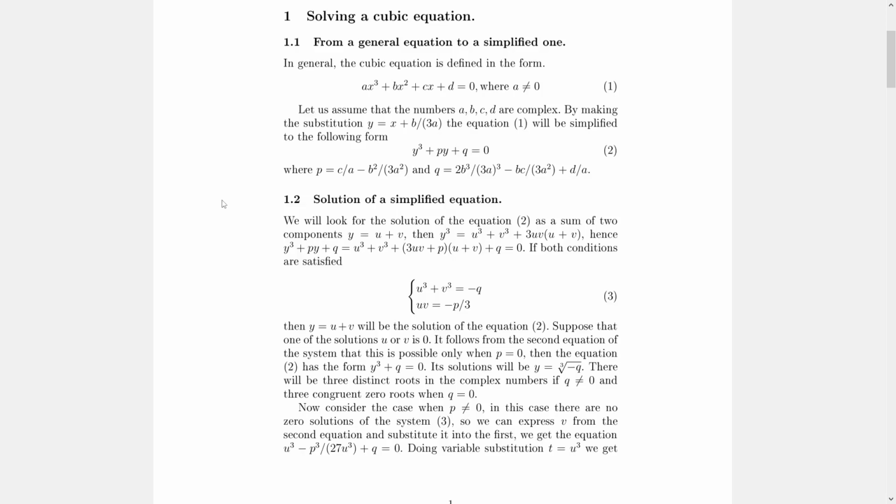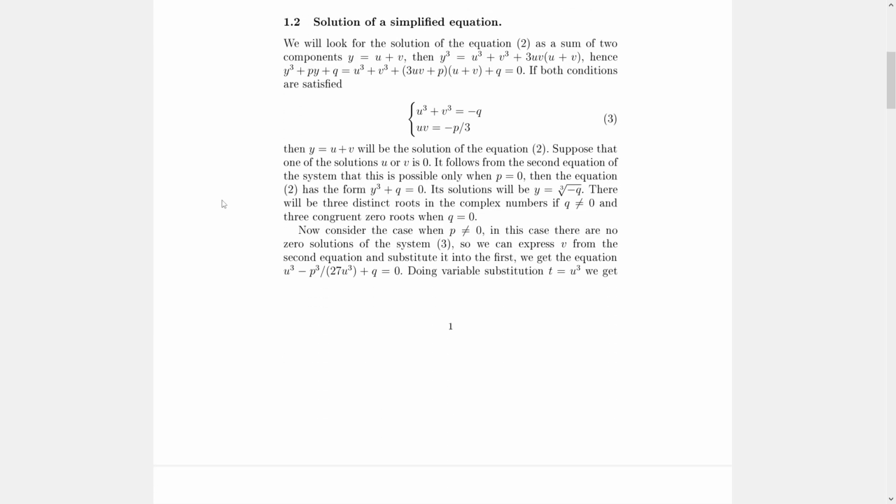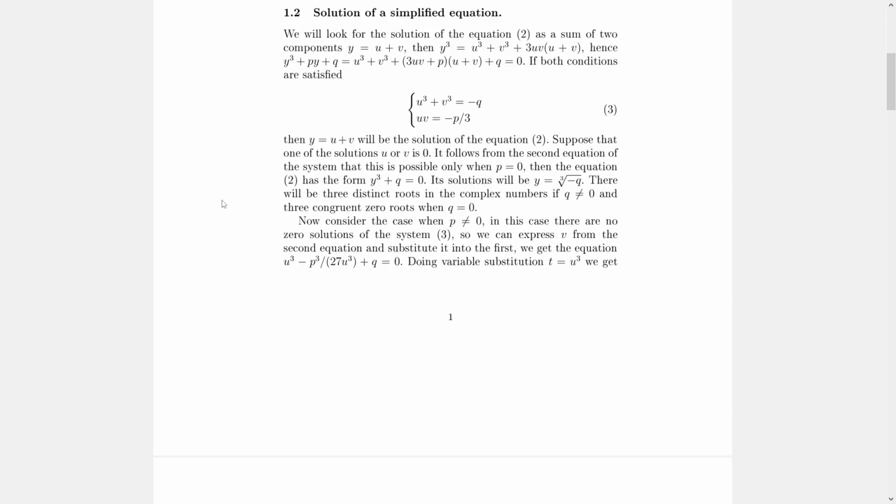Solution of the simplified equation. We will look for the solution of the simplified equation as the sum of two components, y equals u plus v. Then y cubed equals u cubed plus v cubed plus 3uv multiplied by u plus v.